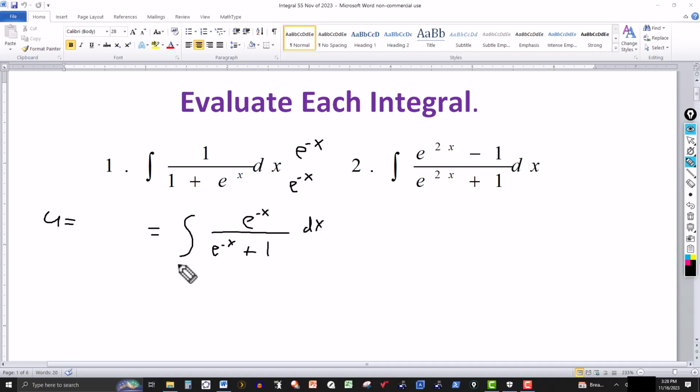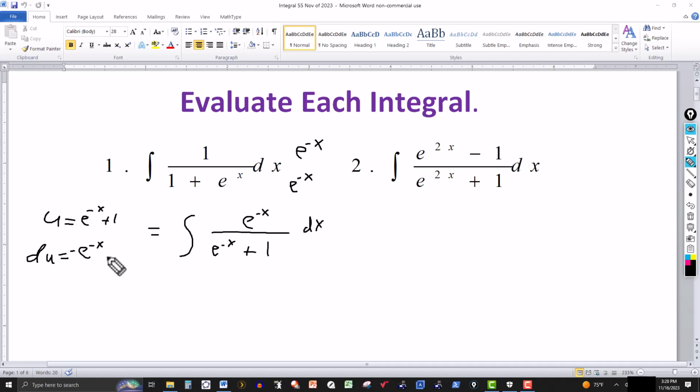So now, what happens if I let u equal e to the minus x plus 1? Then du would equal the derivative of e to the minus x, which is e to the minus x, and then we multiply by the derivative of the exponent, minus x, which is minus 1.